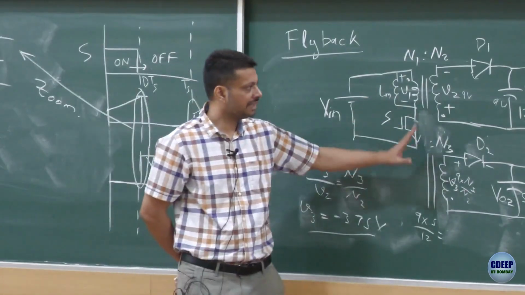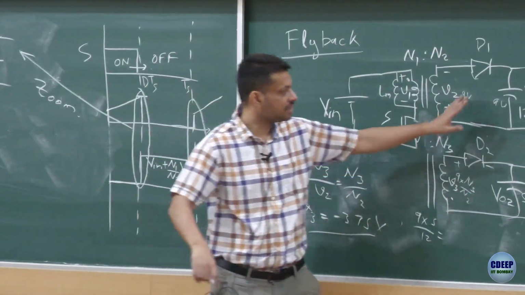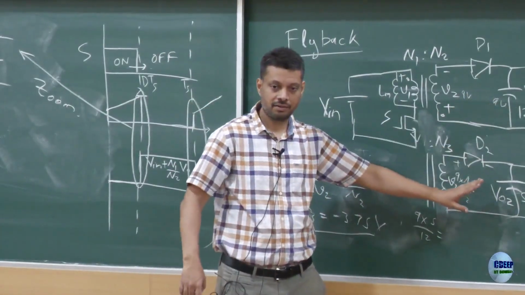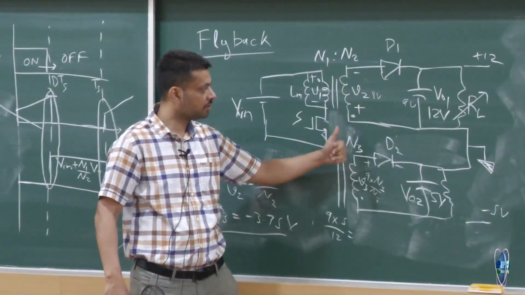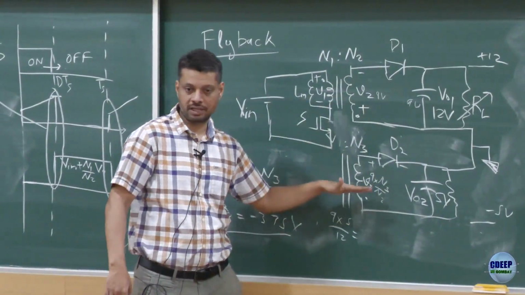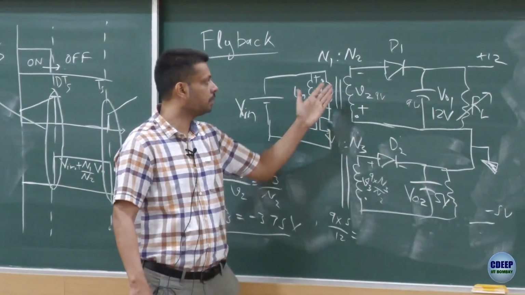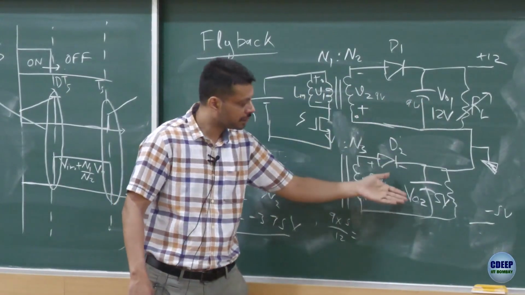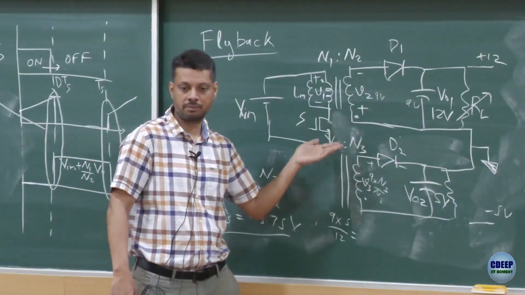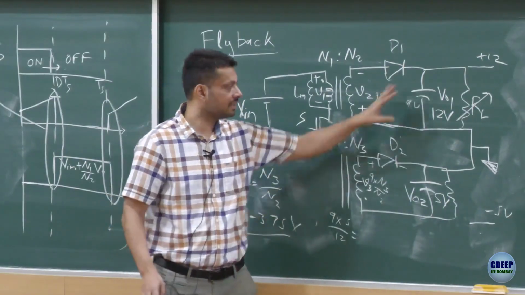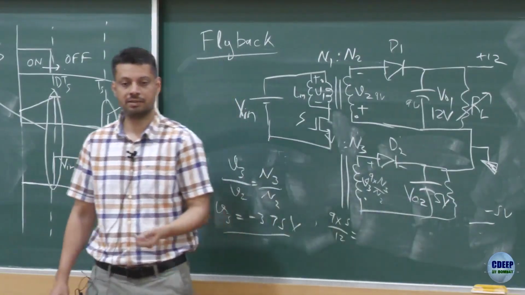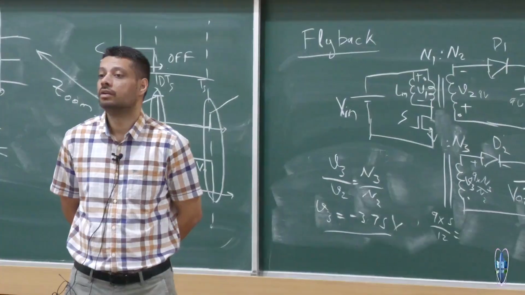So when we say we are operating at steady state, it means this is also 12, this is also 5, right? And when the switch turns off, both the diodes conduct. So you can either calculate VO1 as N2 by N1 times D upon 1 minus D, or you can calculate VO2 as N2 by N1 times the same. So the assumption we are taking is that these voltages are proportional to the turns ratio. Any question?